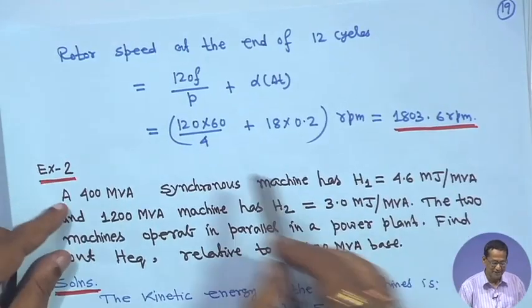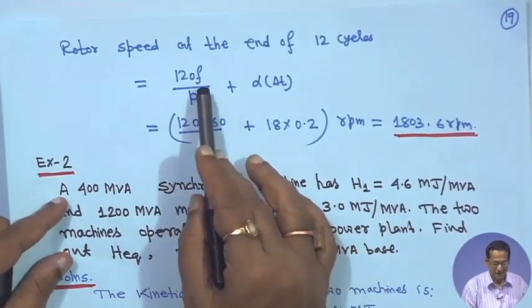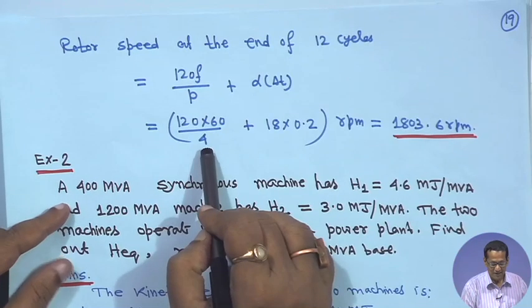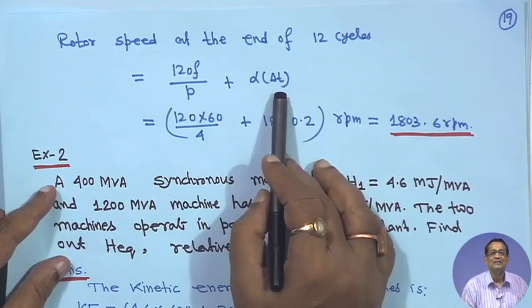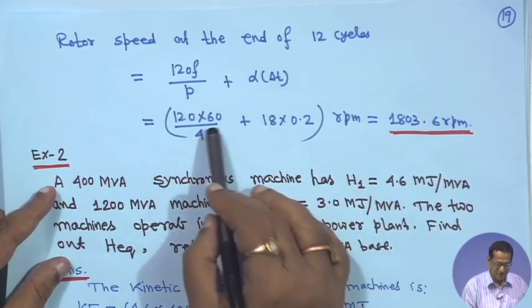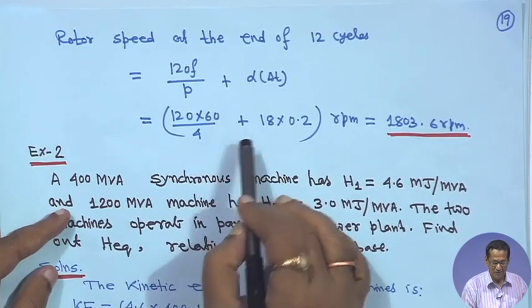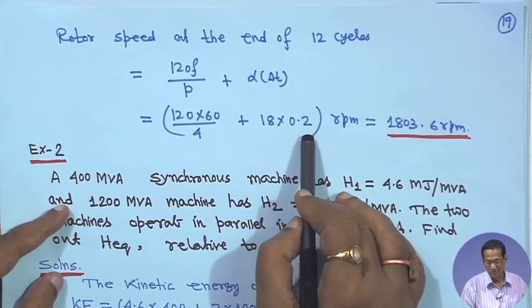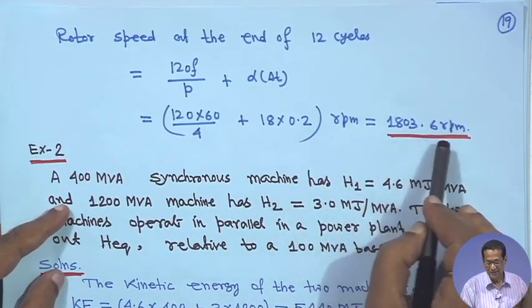Now, the rotor speed at the end of 12 cycles is 120 f by p plus alpha into delta t. So, it is 120 into 60 by 4 plus 18 into 0.2, that is 1803.6 RPM.